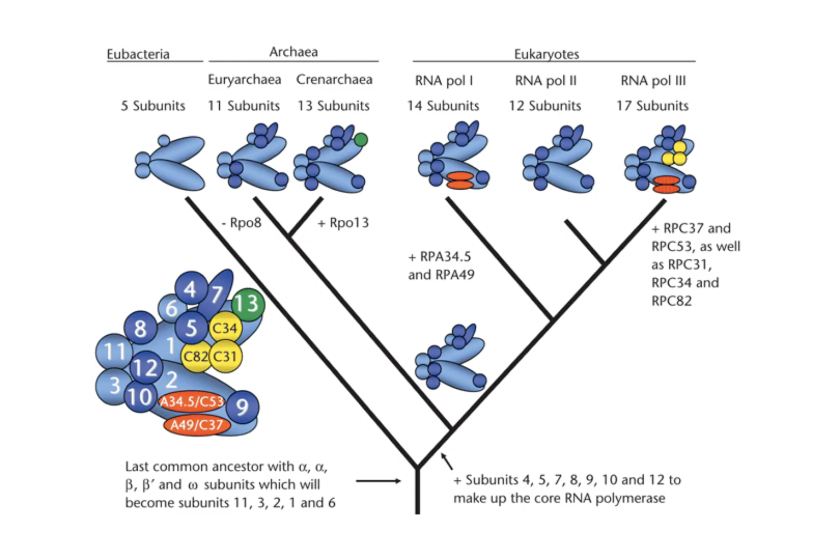So here's a basic phylogram showing this relationship between the eubacterial RNA polymerase up here, which contains only 5 subunits, and you can see them numbered here. And then you go up a little further on this tree, and more subunits are added. Between 11 and 13 subunits are present in the archaea, different groups of archaea.